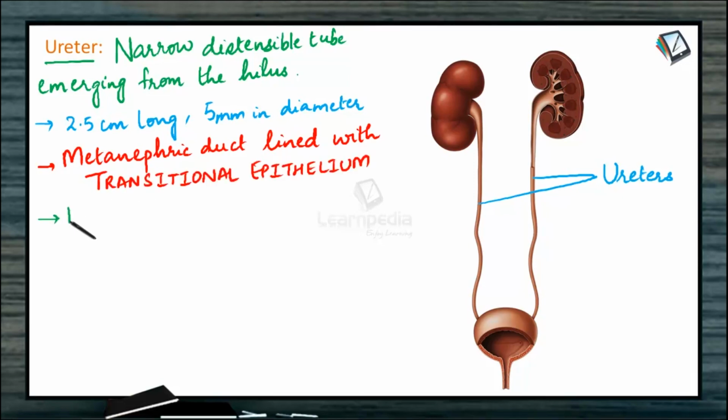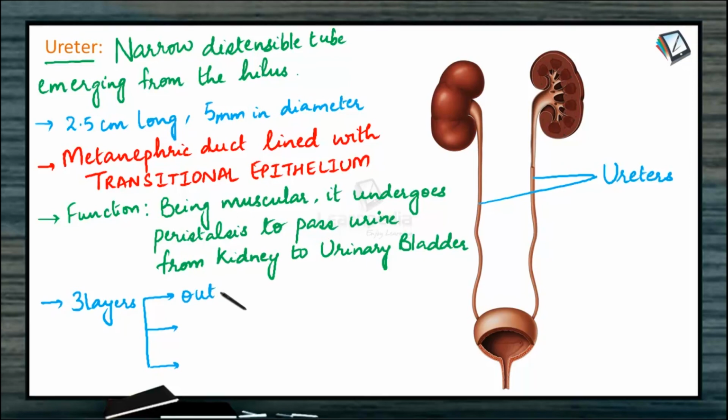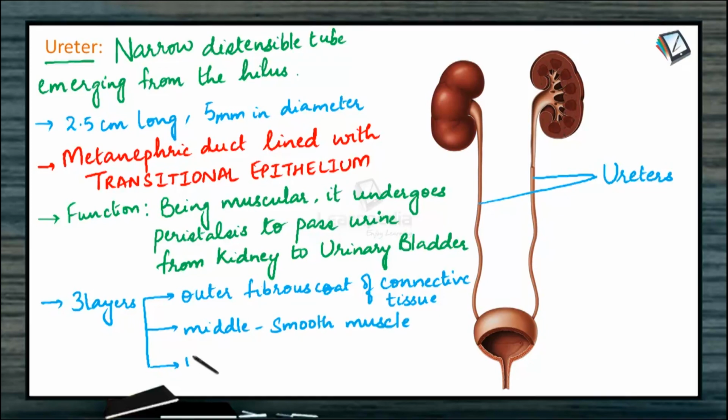Its main function is muscular: it undergoes peristalsis to pass urine from the kidney to the urinary bladder. It comprises mainly three layers: an outer fibrous coat of connective tissue, a middle layer of smooth muscle, and an inner layer of mucosa, or mucous membrane.